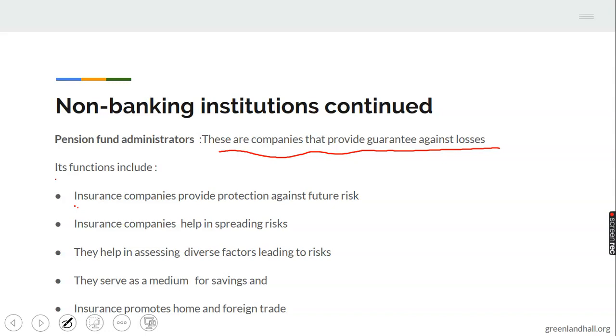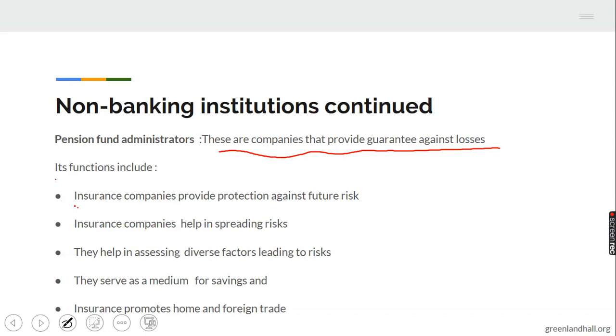So pension fund administrators are those organizations that actually help to save towards the retirement of individuals and a group of people that are employees.